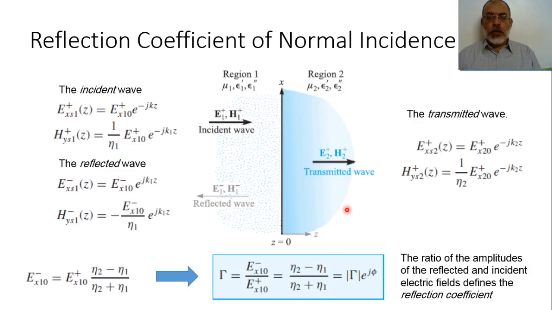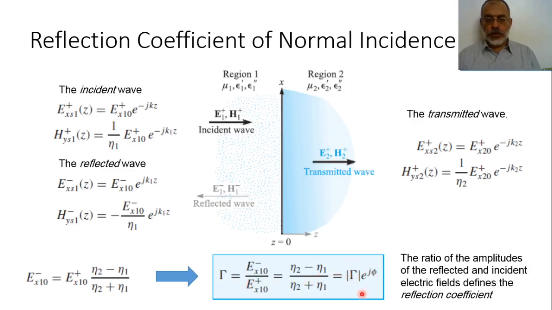For general lossy media, eta 2 and eta 1 are complex values. So these are complex values over complex values. So in general, the reflection coefficient gamma is a complex value which has a magnitude gamma and phase phi.